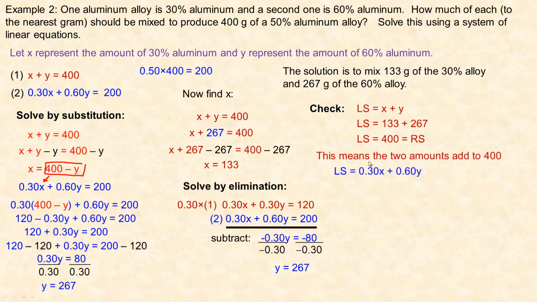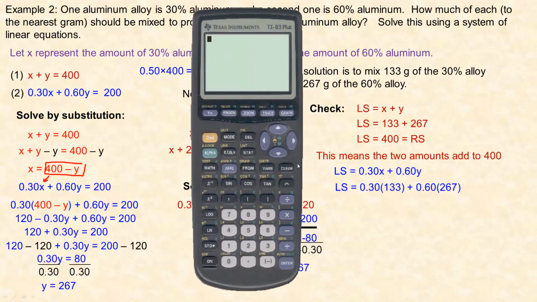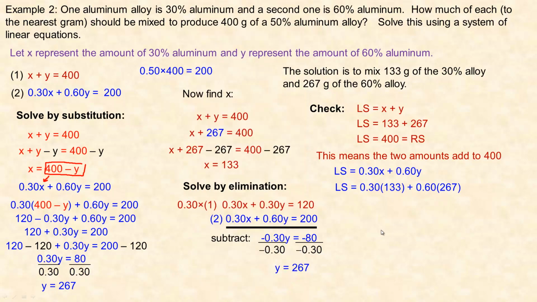So in the second one, 0.30x plus 0.60y. So again, 133 here and 267 here. 0.30 times 133 is 39.9, and 0.60 times 267 is 160.2. If we add those, we get 200.1.